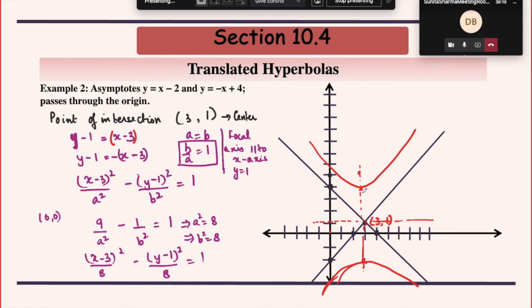See, your hyperbola should pass through origin. So this red line is your hyperbola branch, the two branches. One of the branches should go through origin, but that will not happen if you make a vertical focal axis. So the axis has got to be horizontal.